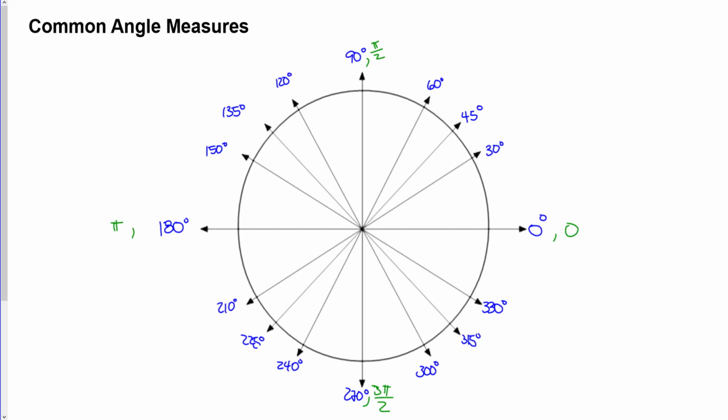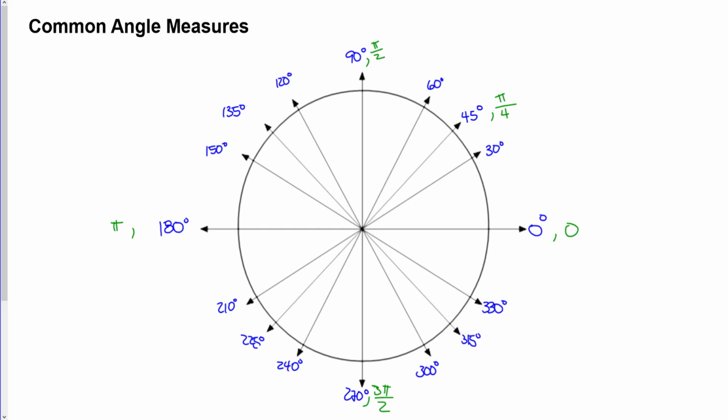Alright, now all of the measures of 45 degrees are pi over 4, because if you take 180 degrees divided by 4, that gives you segments of pi over 4.